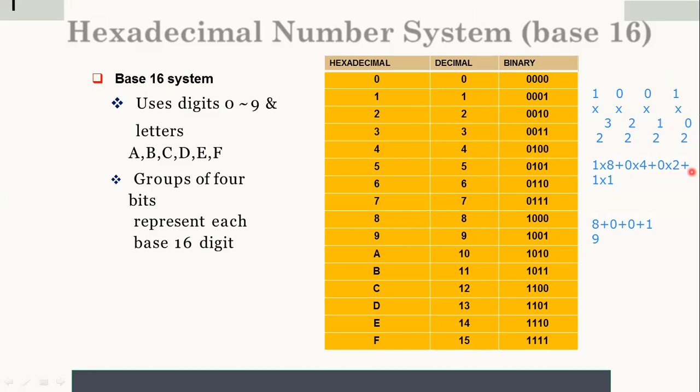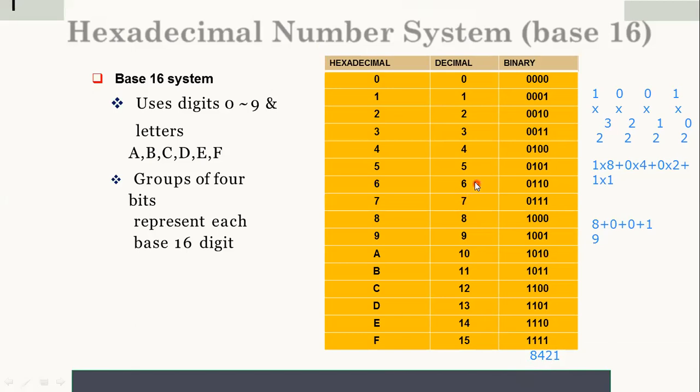In binary to decimal conversion, the least significant bit is multiplied with 2 power 0, the next bit with 2 power 1, the next with 2 square, that is 4, and the next bit with 8. So that is the 8, 4, 2, 1 code.